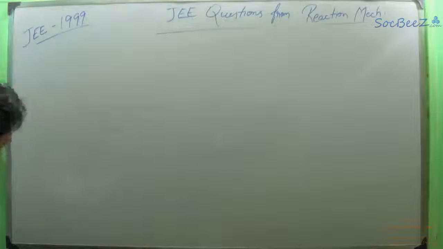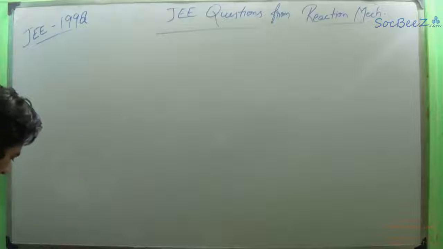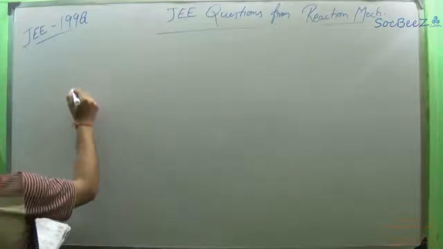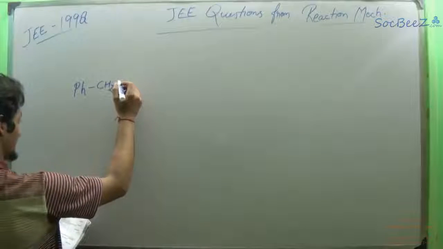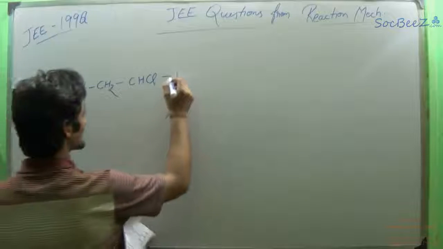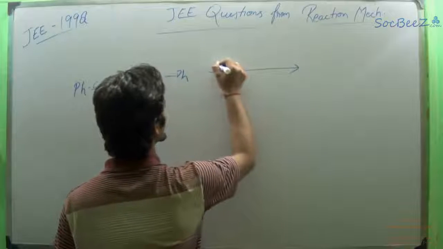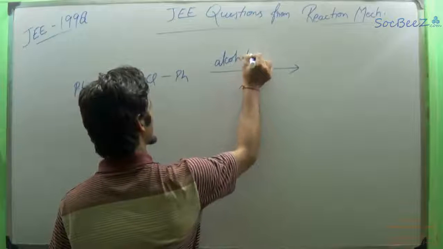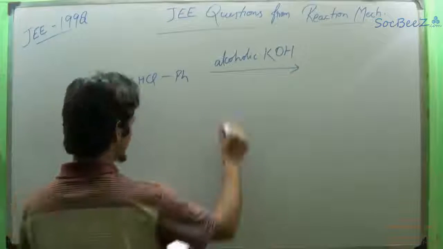The next question is from JEE 1998. The question is phenyl CH2 CHCl phenyl, and there is alcoholic KOH, and there is heat.